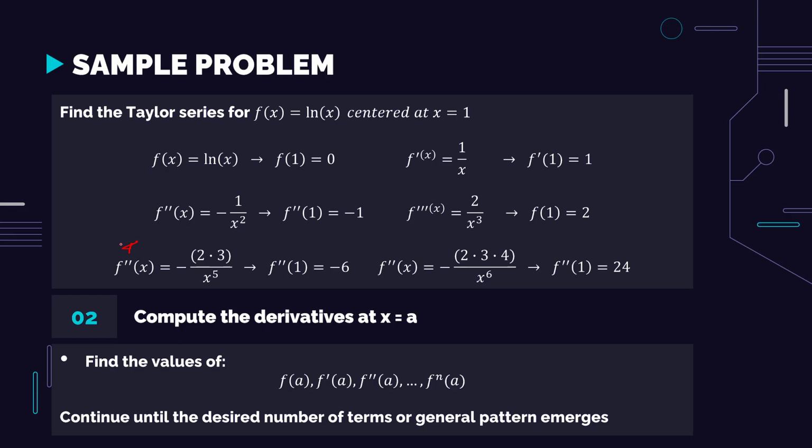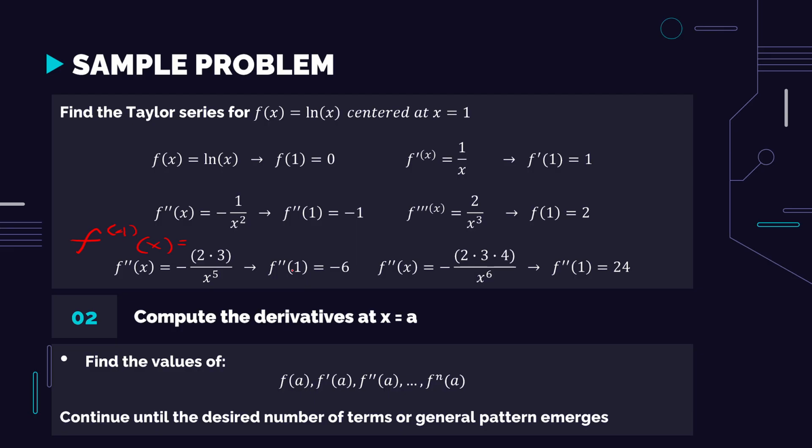The fourth derivative is negative 2 times 3 over x to the fifth.